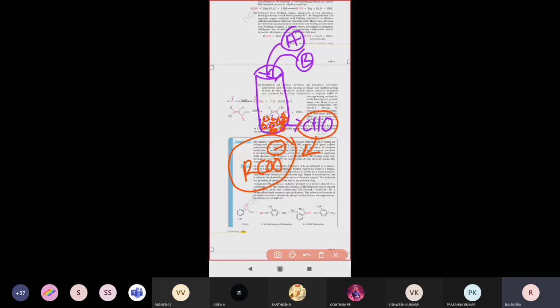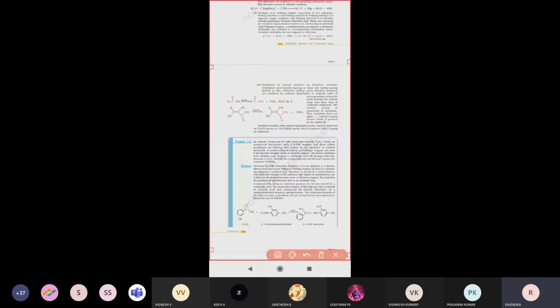So next one, see there. Oxidation of methyl ketones by haloform reaction. How is it happening? Just see there once, all of you. First, for example, we have taken a ketone, RCOCH3.